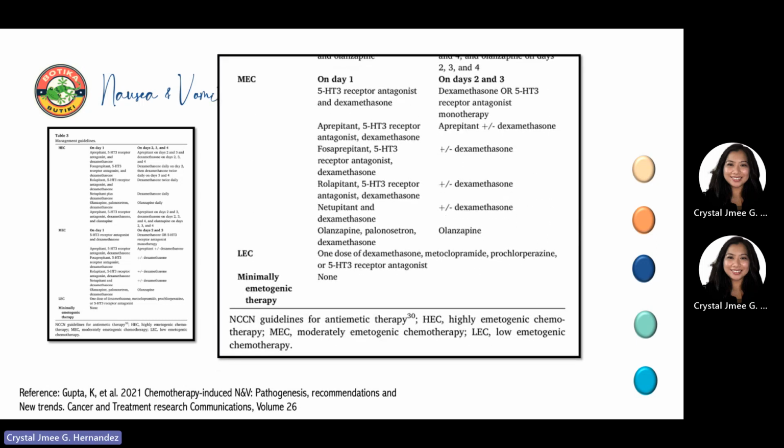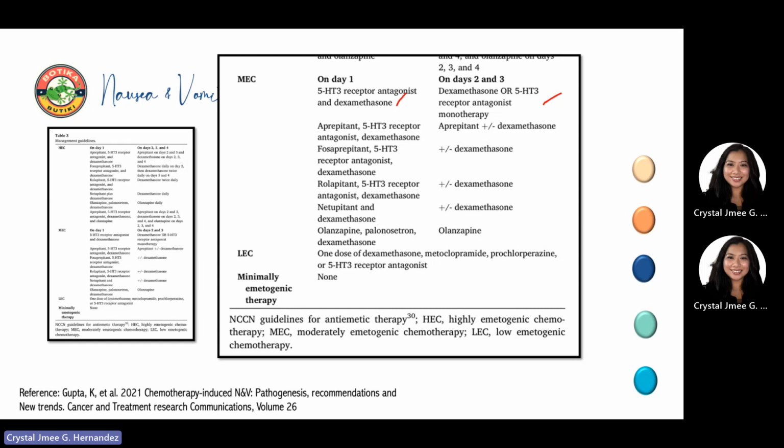And then for MEC, or moderately emetogenic chemotherapy, we have a 5-HT3 receptor antagonist and dexamethasone combination still. But here you would see that on days 2 and 3, we will be using either dexamethasone or the 5-HT3 receptor antagonist as monotherapy. Previously for the high emetogenic, we do have a combination, but this one is monotherapy.